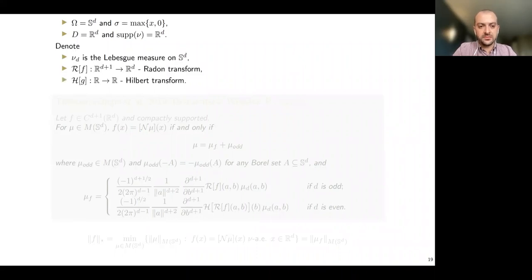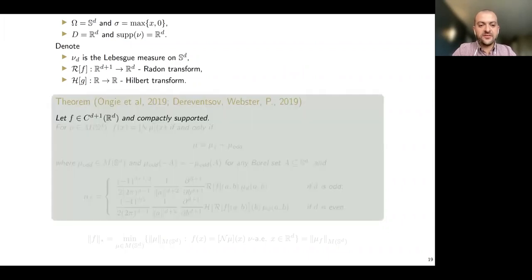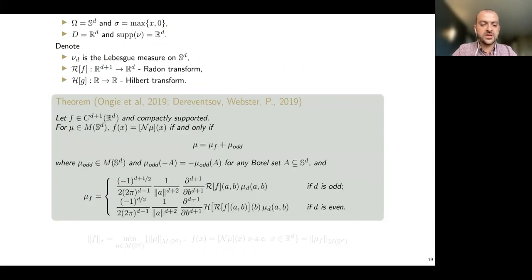And we denote by mu_d the Lebesgue measure on S^d. R is the Radon transform, and H is the Hilbert transform. And then the following theorem holds: if f is in a C^{d+1} space on R^d and is compactly supported, then, I'm sorry, I forgot to mention this theorem in its stronger version was proved by Ongie and collaborators in 2019.